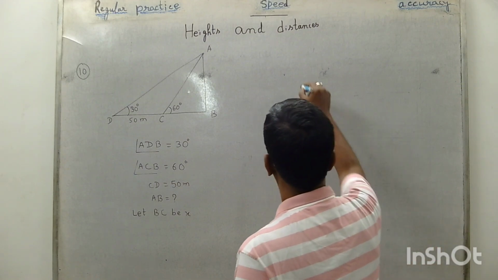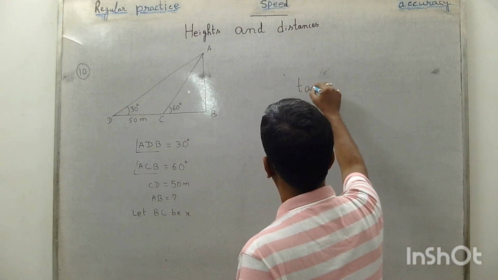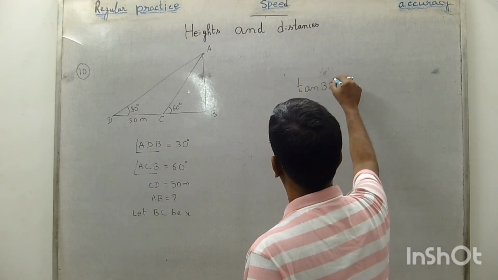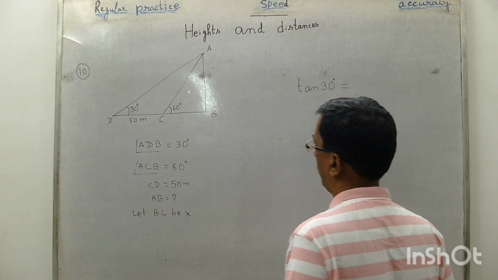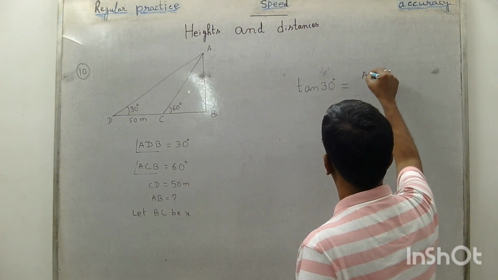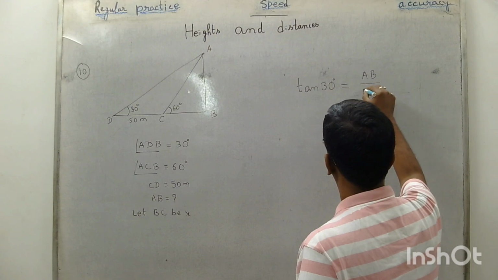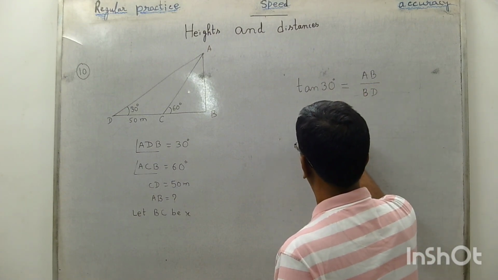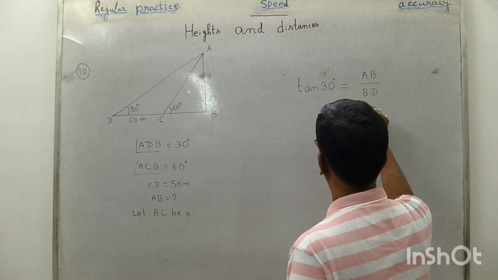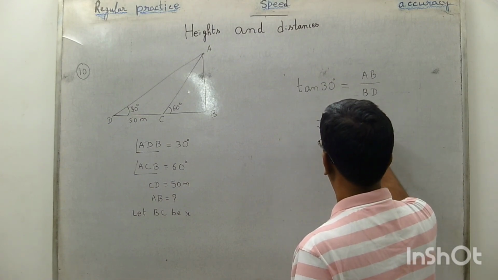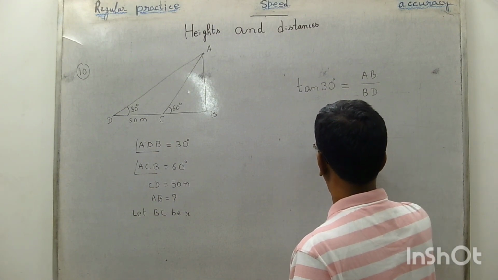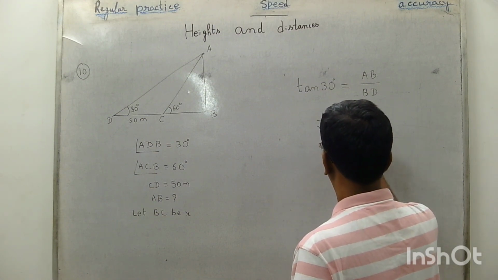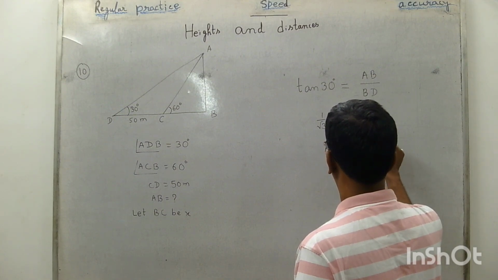First we write tan 30. It is AB by BD. One by root 3 equals AB by 50 plus x. So AB equals 50 plus x by root 3.